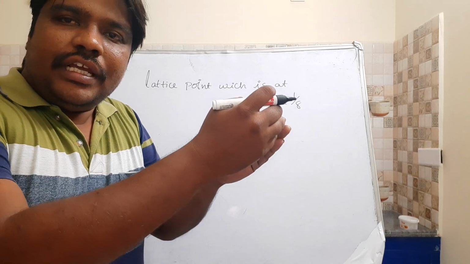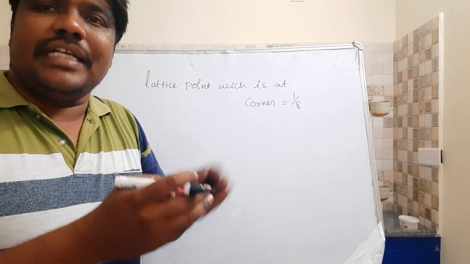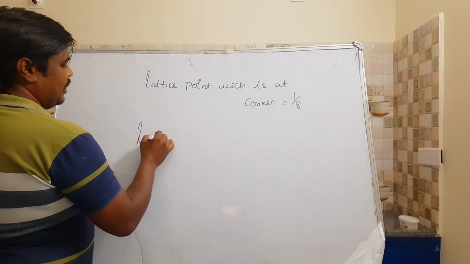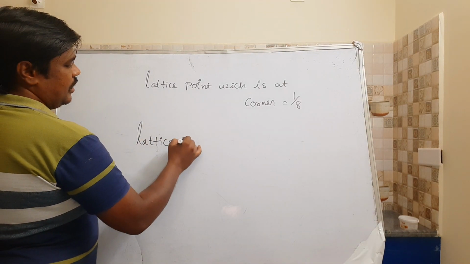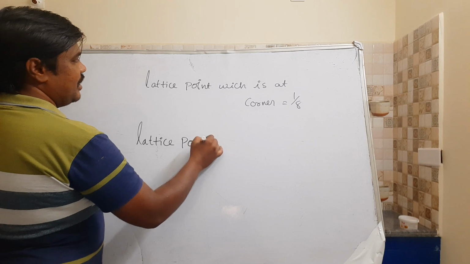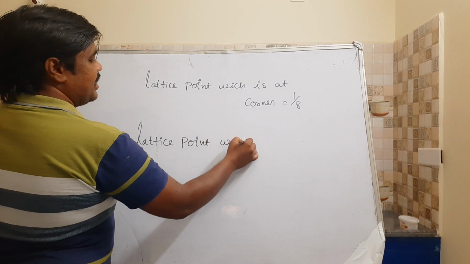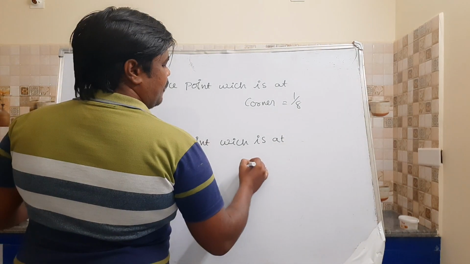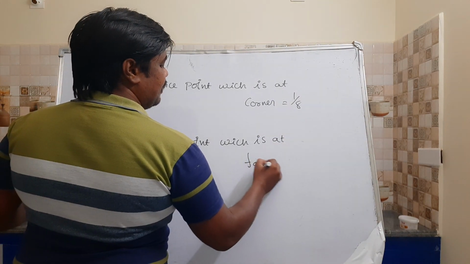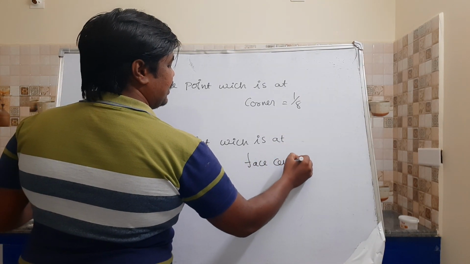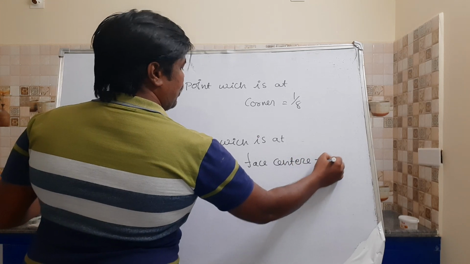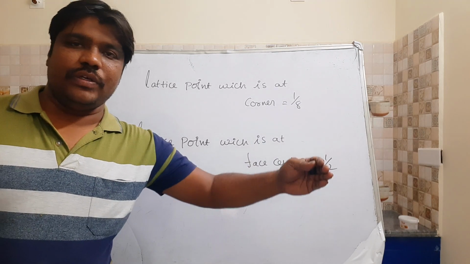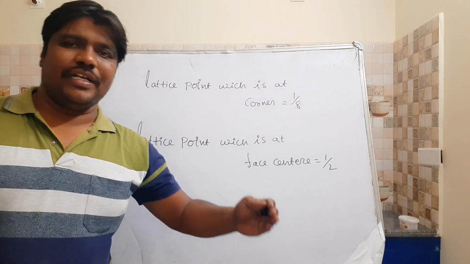Only 1/8 part goes to a single unit cell from a corner. Then a lattice point which is at the face center contributes half. Half of the lattice point belongs to one unit cell, and half belongs to the neighboring unit cell.